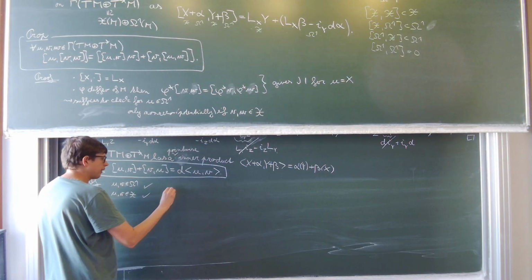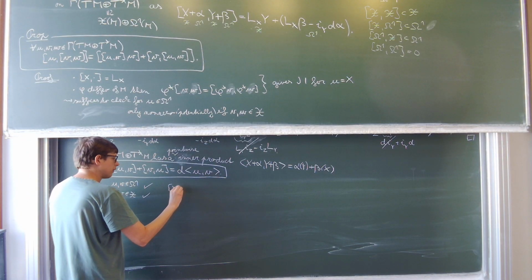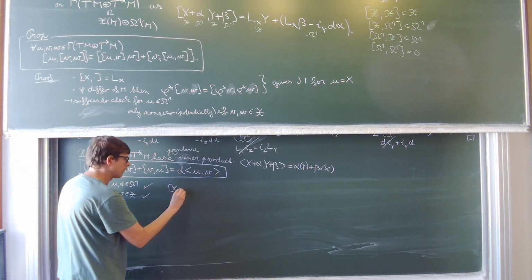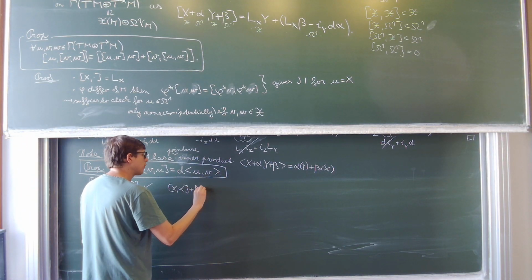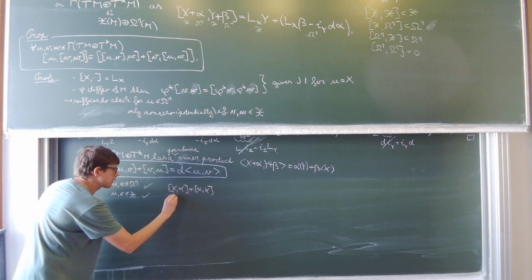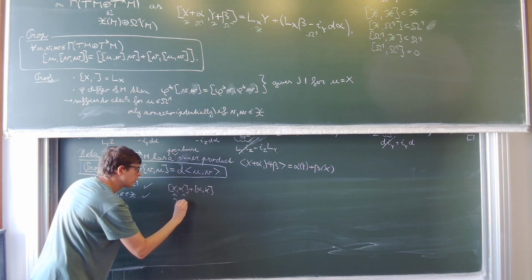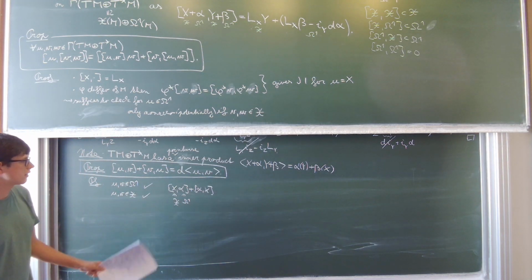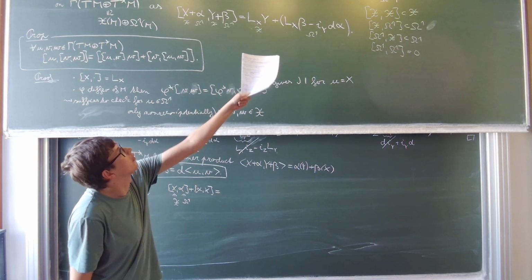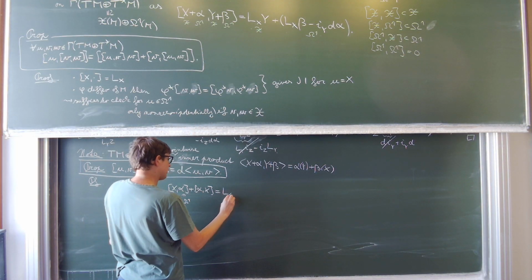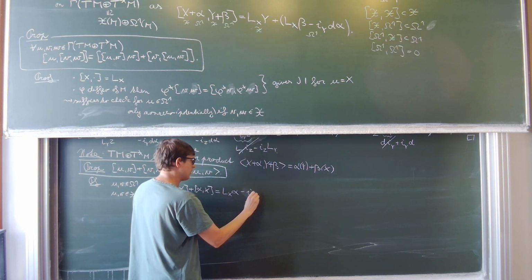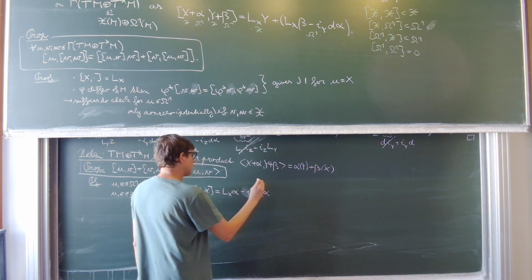So the only interesting case is the one where we have a vector field and a one form. And the whole thing is symmetric in them, so we can just take X to be the vector field, and this is the one form. So let's calculate what this is. That's that thing over there. Lie derivative of alpha with respect to X minus I_X d alpha.